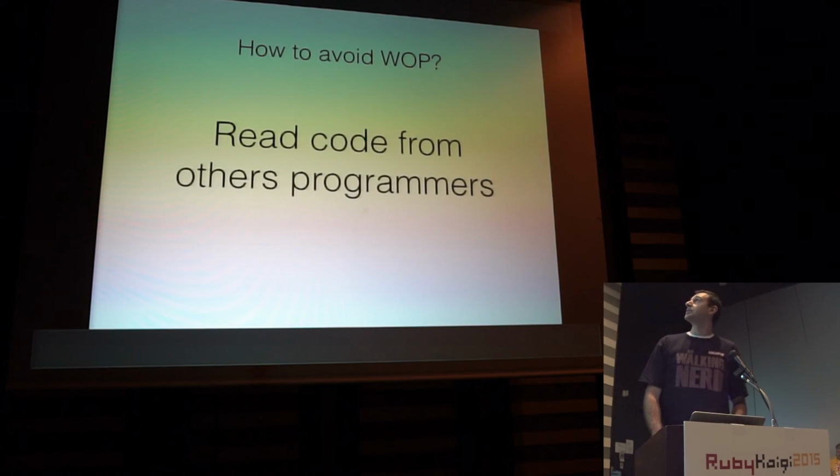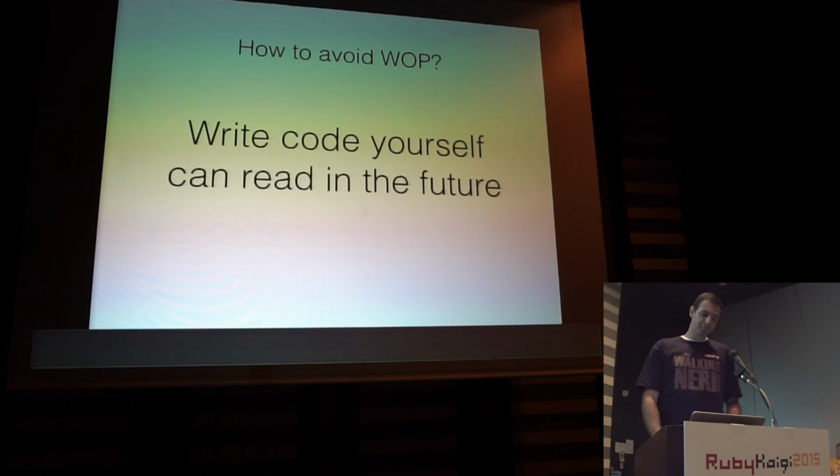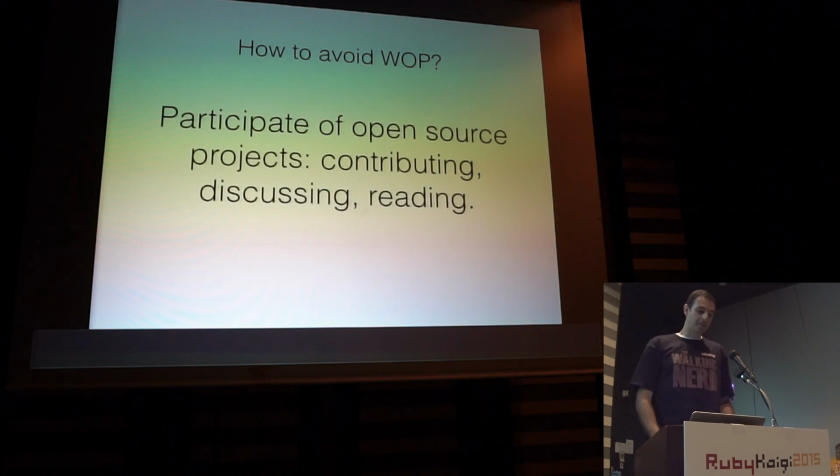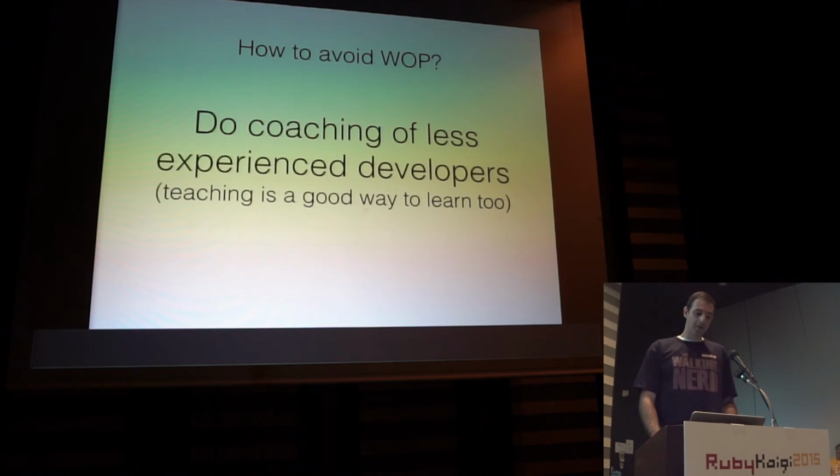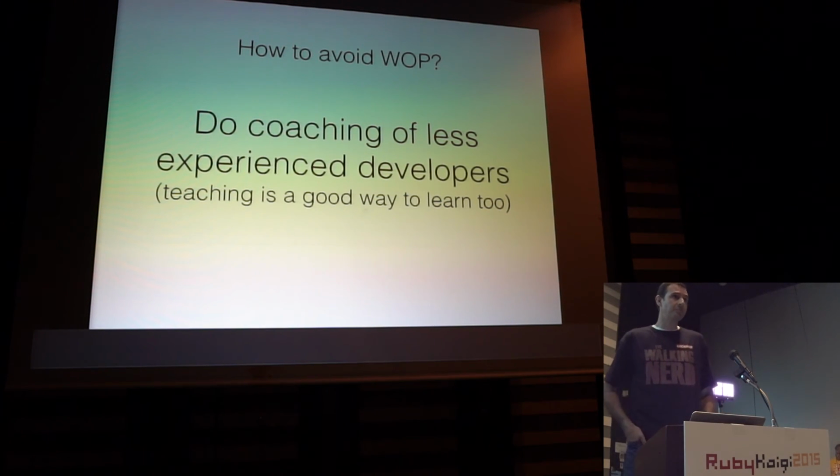Read code from other programmers. Write code that yourself can read in the future. Participate in open source projects, contributing, discussing, reading. Do coaching of less experienced developers. Really, teaching is a good way to learn too.